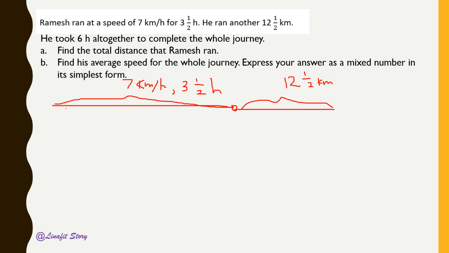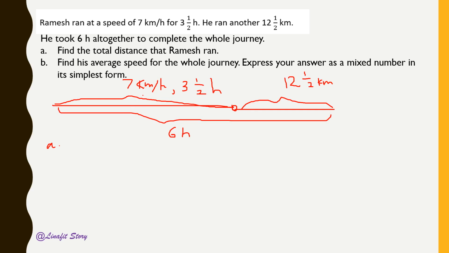He took 6 hours altogether to complete the whole journey. Question A. Find the total distance that Ramesh ran. And B. Find his average speed for the whole journey. And then express your answer as a mixed number in its simplest form.